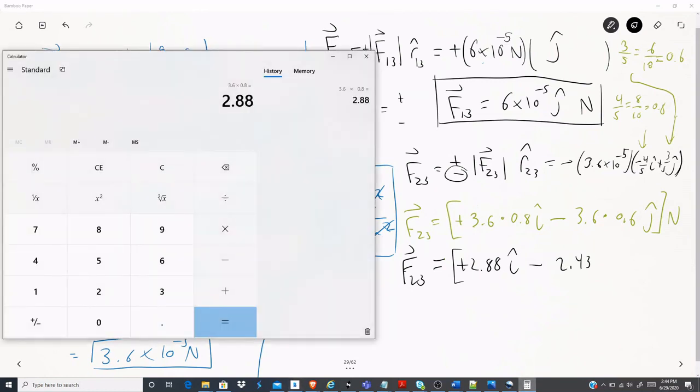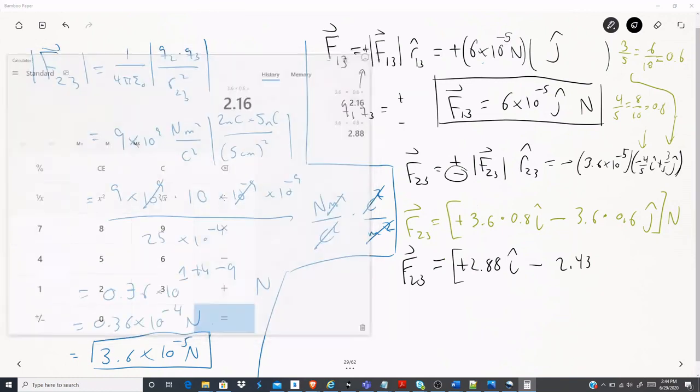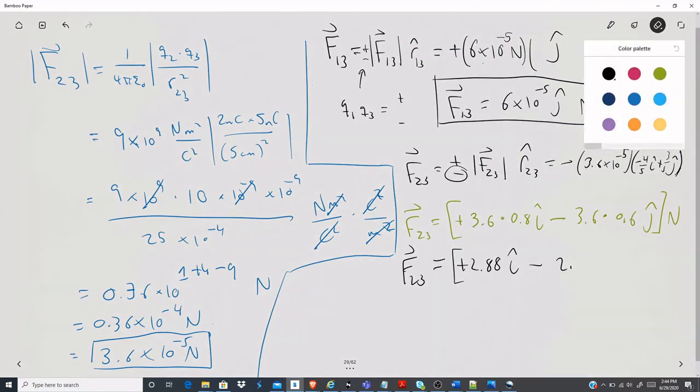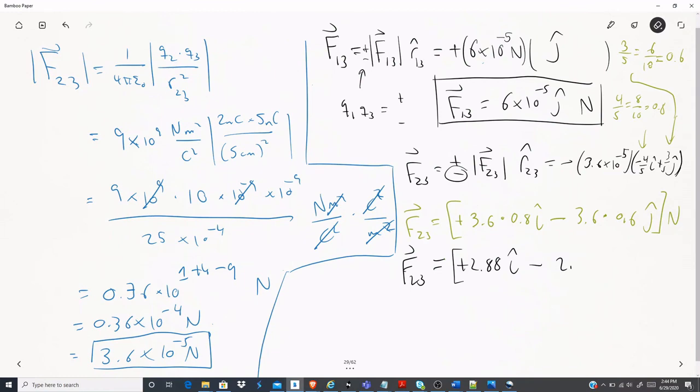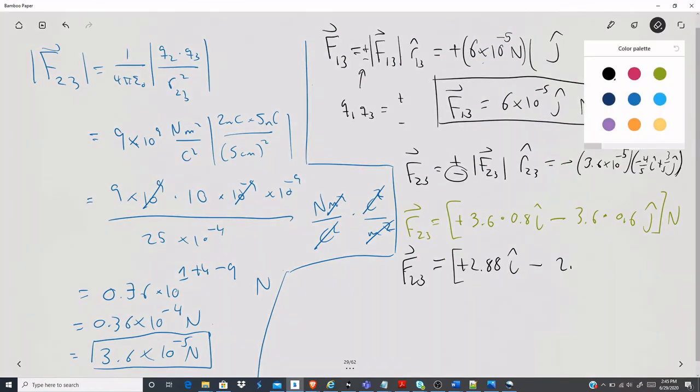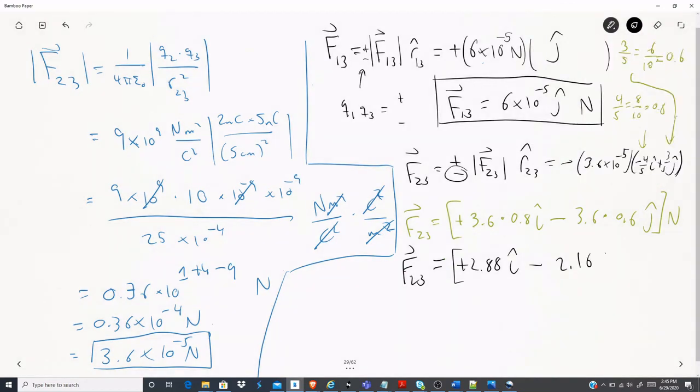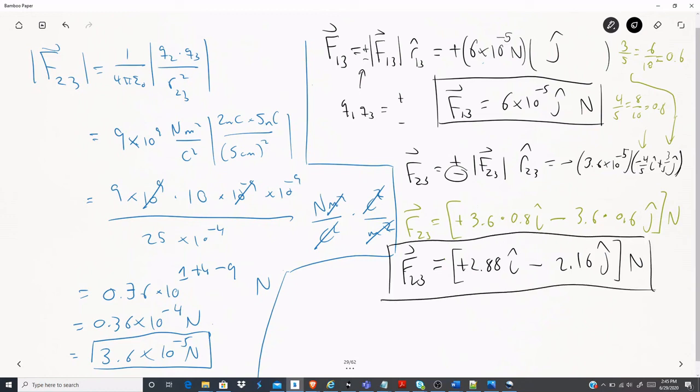But let me just double check. 3.6 times 0.6, 216, so I got it wrong. It's 2.16 j hat newtons. Okay, so now I have the force that 2 exerts on 3.